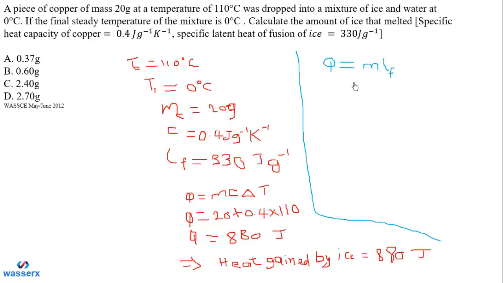So this means that M will be equal to Q over the latent heat of fusion, and that will imply that M is equal to 880 over 330.